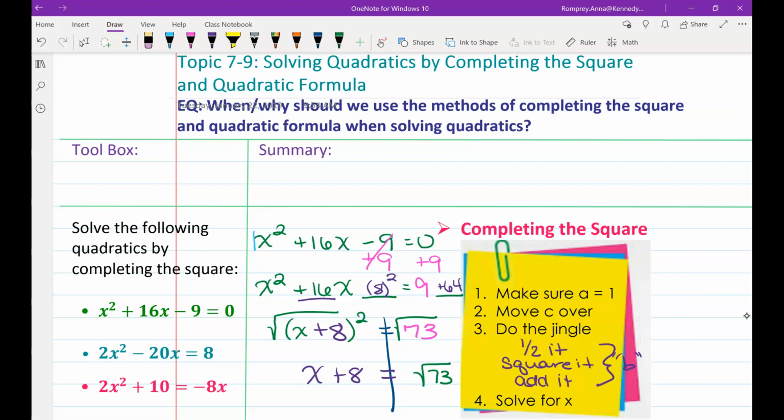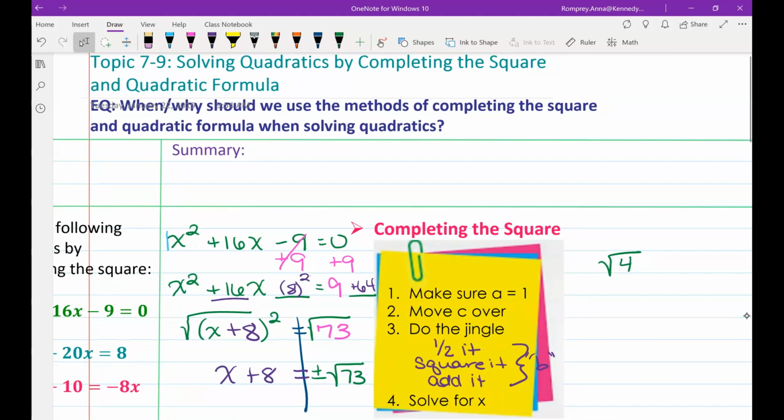So to get those two solutions, when we take the square root, we write plus or minus the square root of 73. If that confuses you, let me give you an example with a smaller number. The square root of 4, we think of that as 2, right?